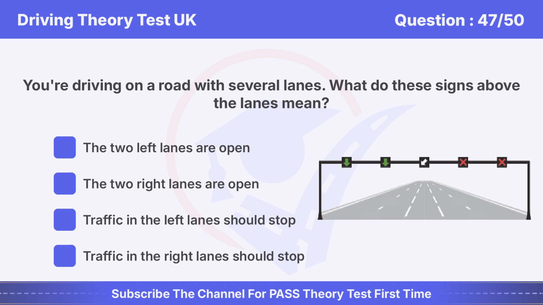Question 47. You're driving on a road with several lanes. What do these signs above the lanes mean? Answer is A. The 2 left lanes are open.